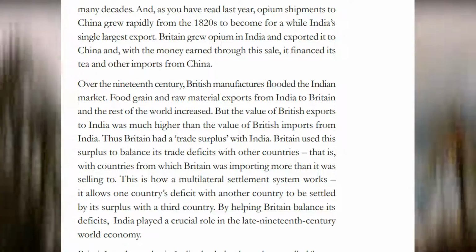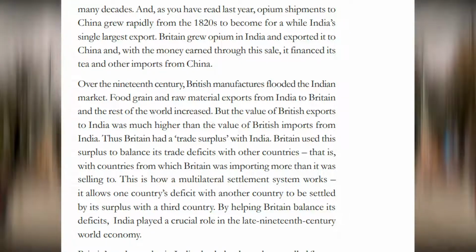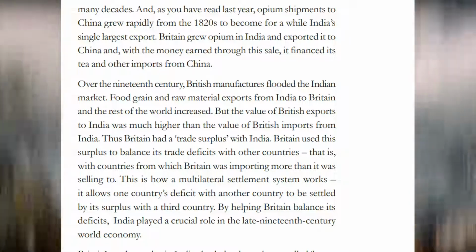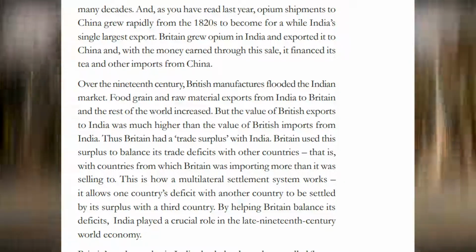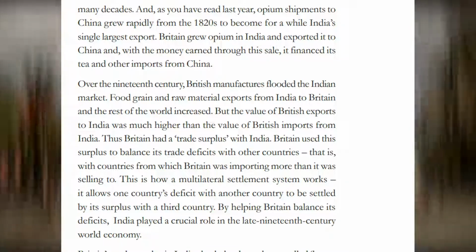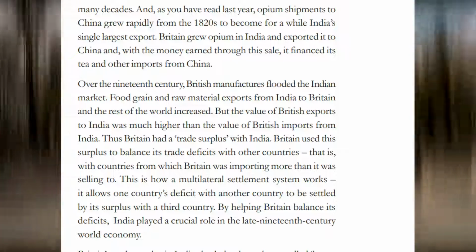Over the 19th century, British manufacturers flooded the Indian market. Food, grain and raw material exports from India to Britain and the rest of the world increased. But the value of British exports to India was much higher than the value of British imports from India. Thus Britain had a trade surplus with India.